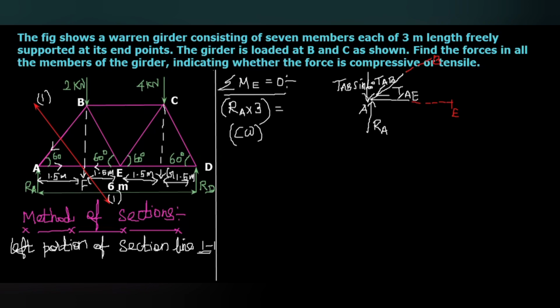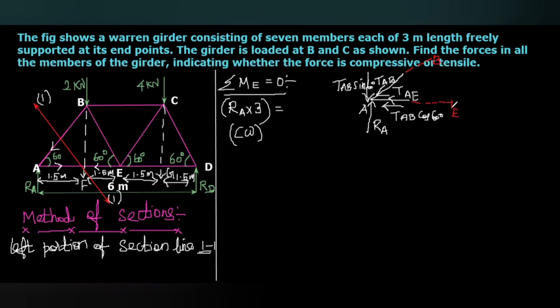The horizontal component, TAB cos 60, will act exactly on the same horizontal through point A or point E.